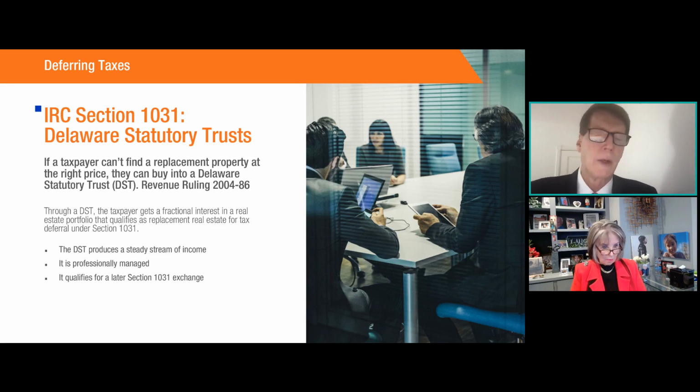I don't want to be a landlord anymore. And my building is worth an awful lot more now, and I want to sell it. But I don't want to pay the taxes either. This is the way out, because when you do the swap, you don't pay the taxes because the DST qualifies for 1031, but you're not a landlord anymore. You're an investor in some stock.